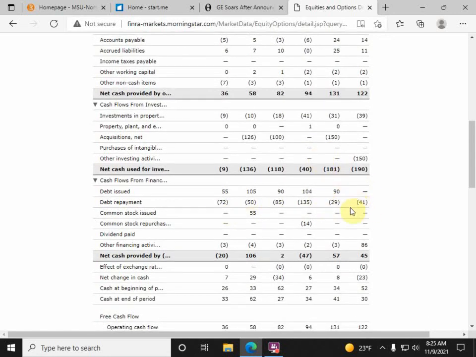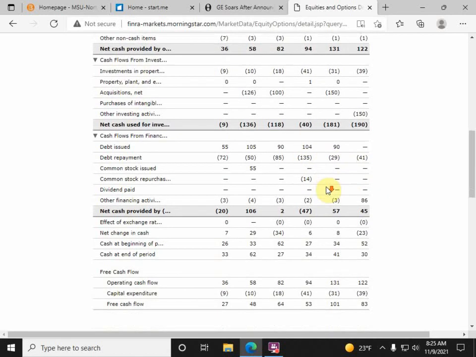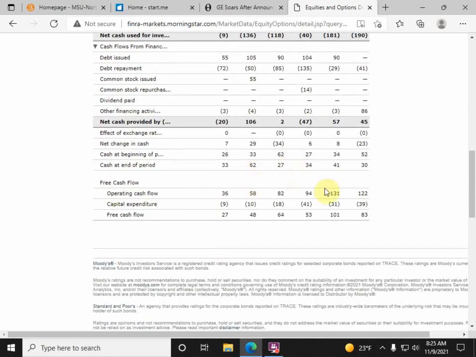So they reduced their debt repayment and took on some debt kind of as a result. Probably had something to do with that acquisition. Again, this is a little smaller, even relatively speaking, maybe a little smaller than that one of Nvidia's. So we've got to dig into this a little bit and find out what some of the details are.